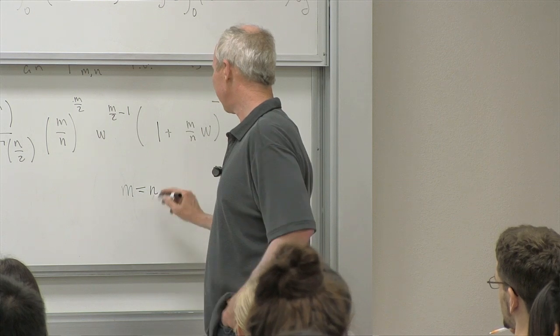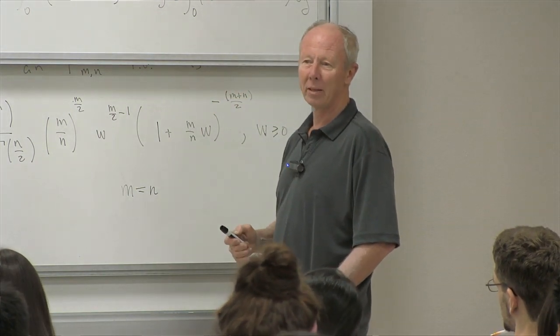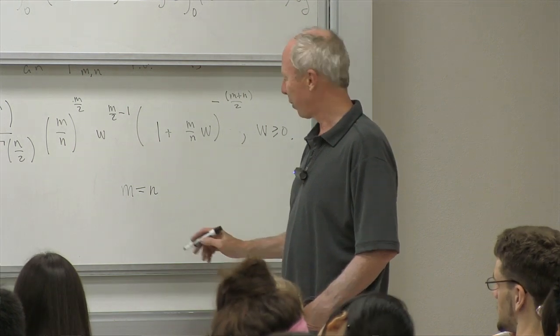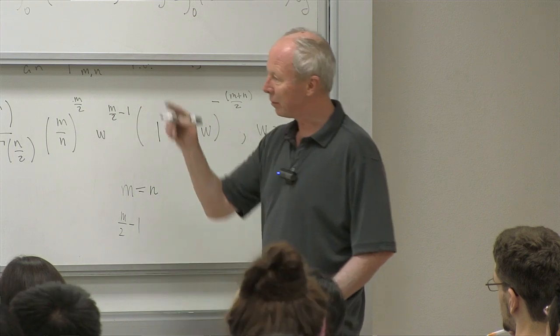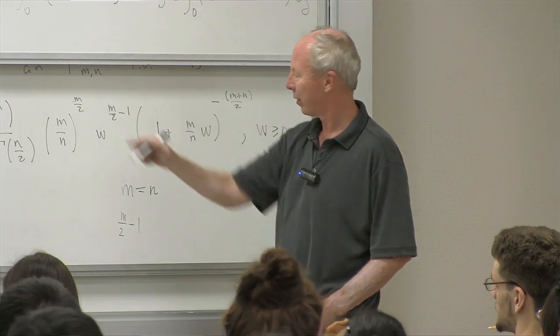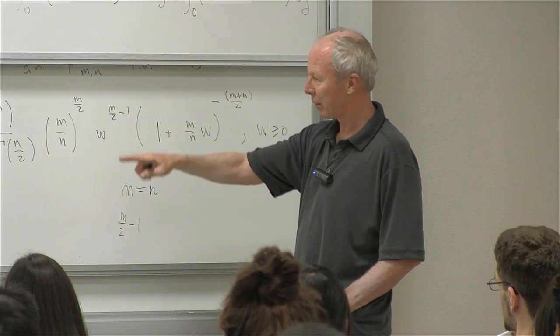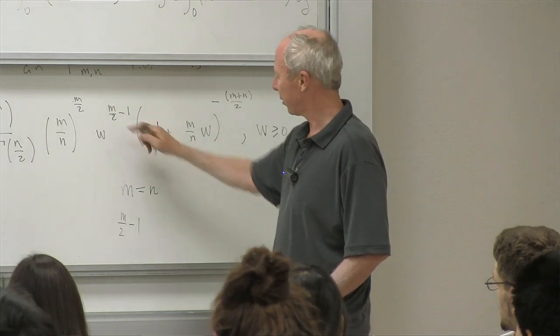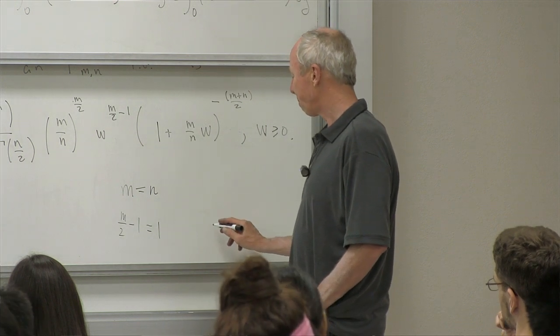So we have M is equal to N. What's the exponent here on W? M over 2 minus 1. What's the exponent on the Z term over there? See, this 1 plus this to that would have to be 1 plus Z to the minus 1, right? And the Z would have to be this. So this has to be 1. So what does it say about M?